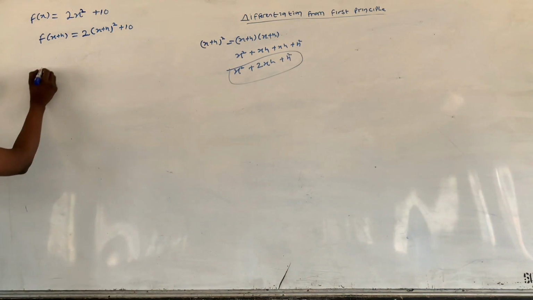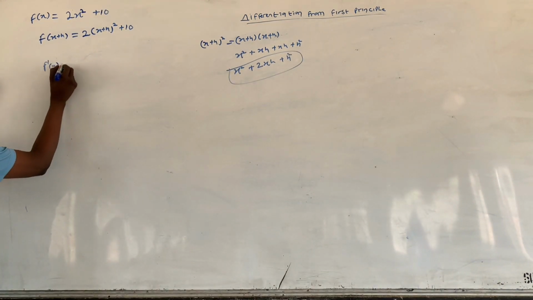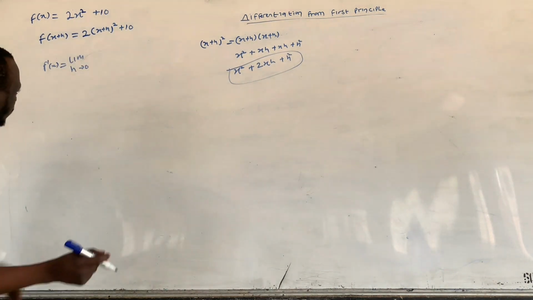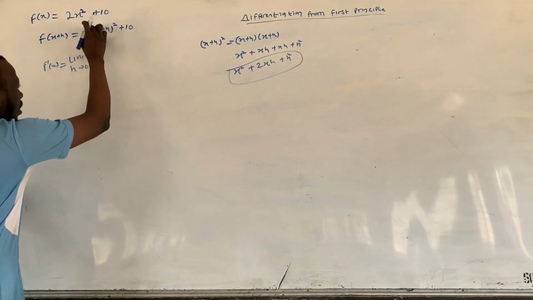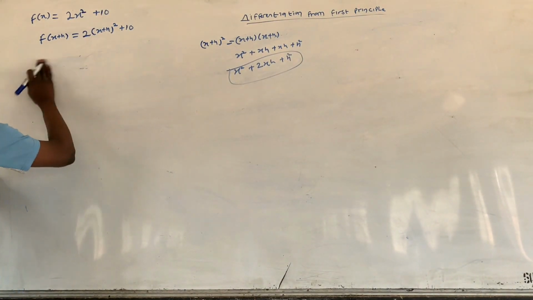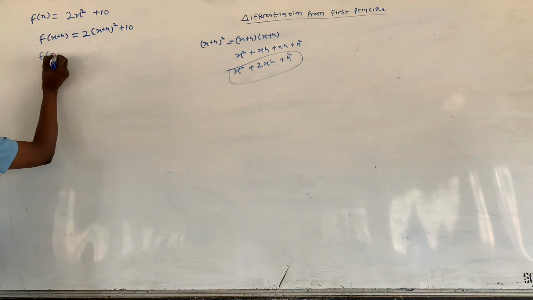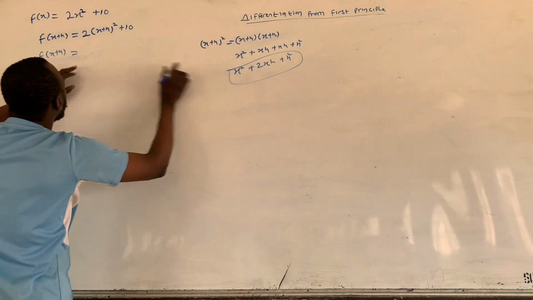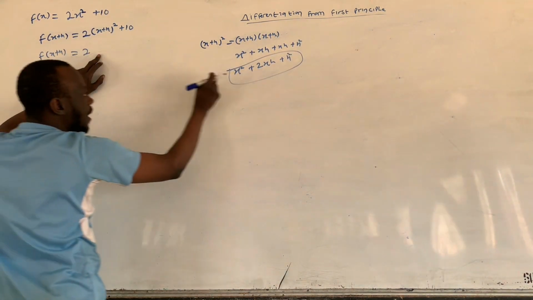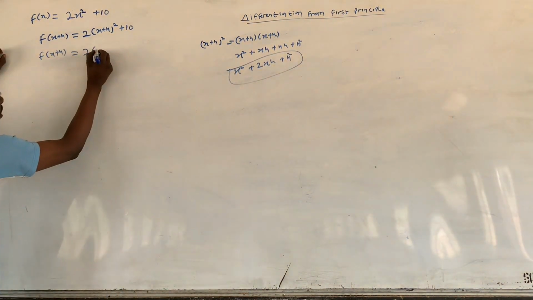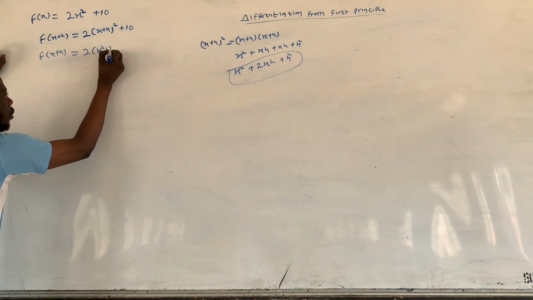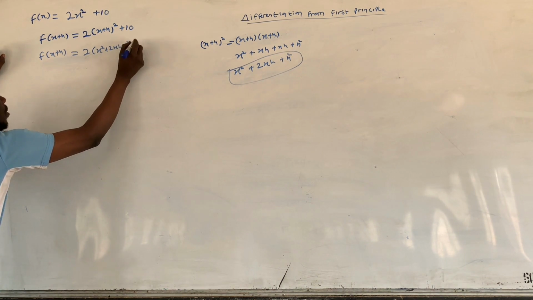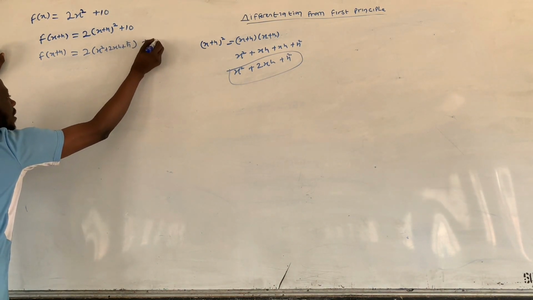Now we say that f prime of x equals the limit as h approaches 0. We have f of x plus h, which becomes 2 times x squared plus 2xh plus h squared, plus 10.